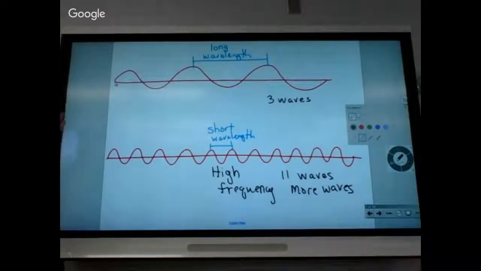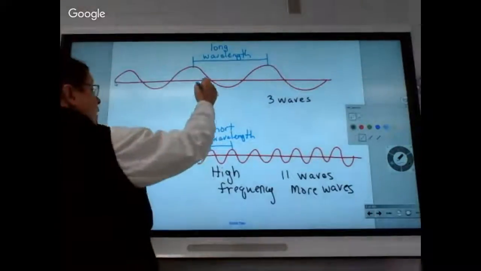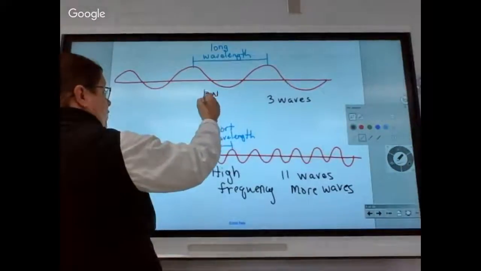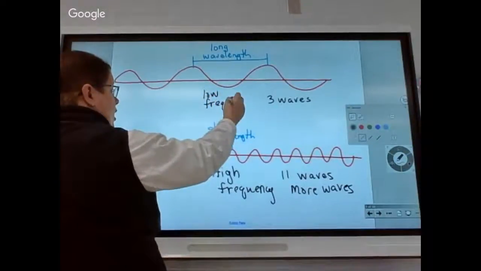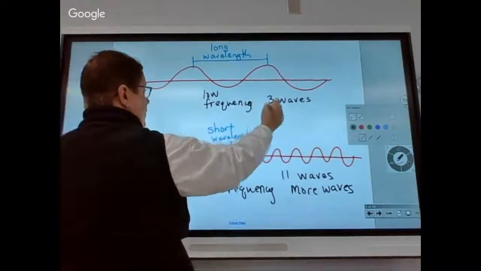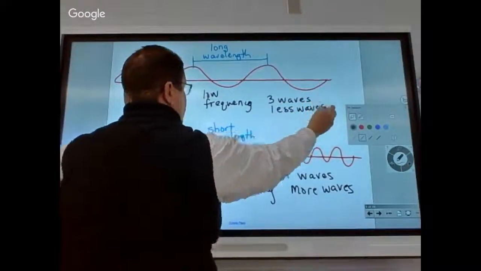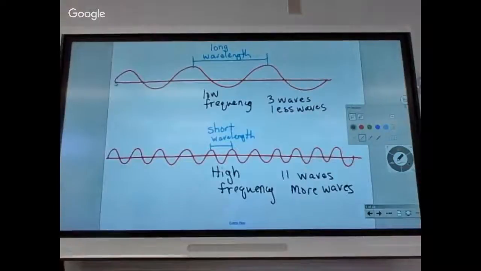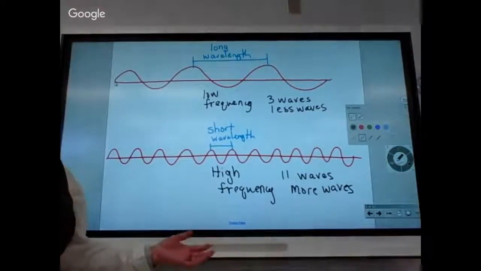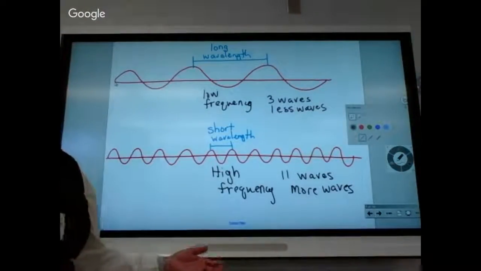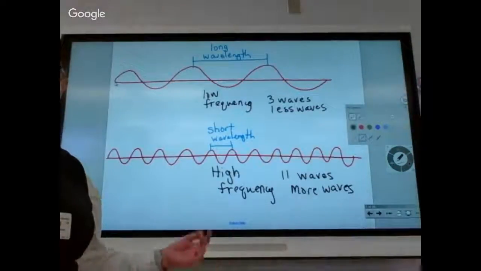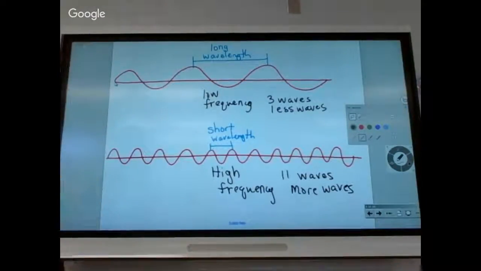But when you have a long wavelength, they're spread out. You have a low frequency because you have fewer waves. Does that make sense? That's basically why they're opposites of each other. Are you with me on that?